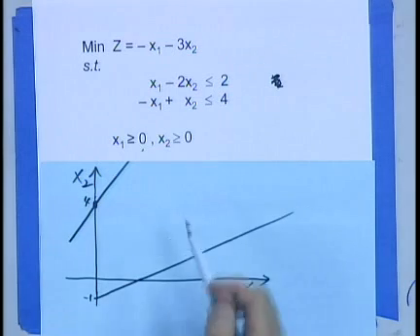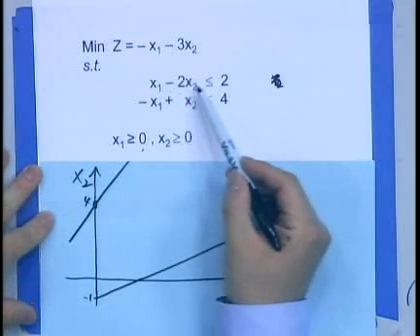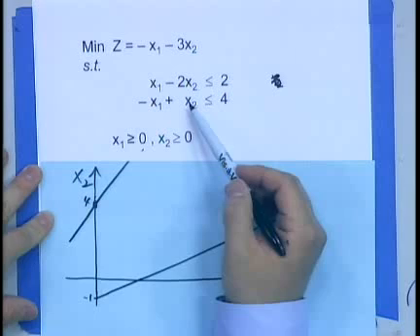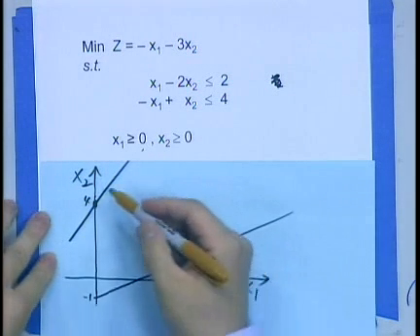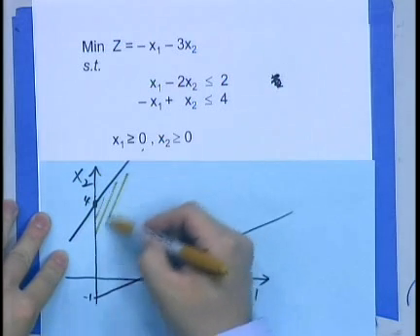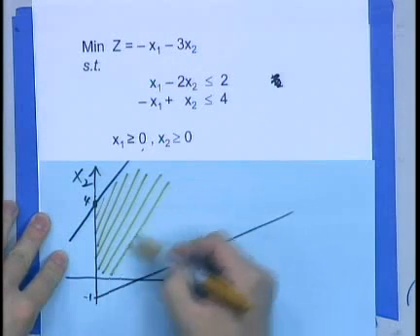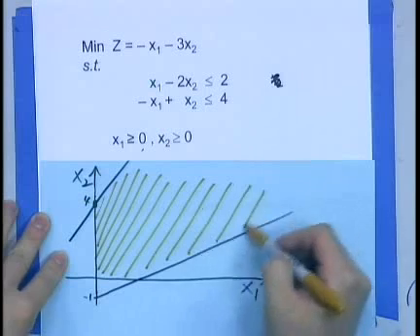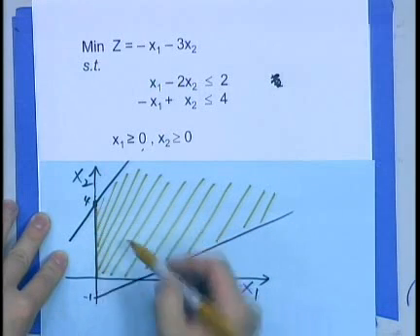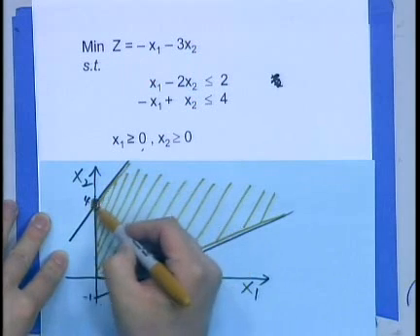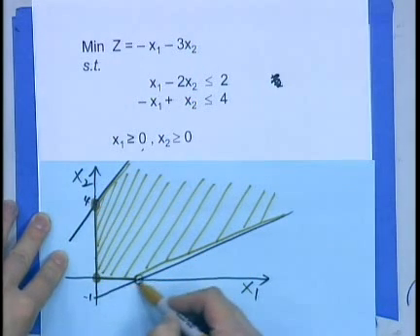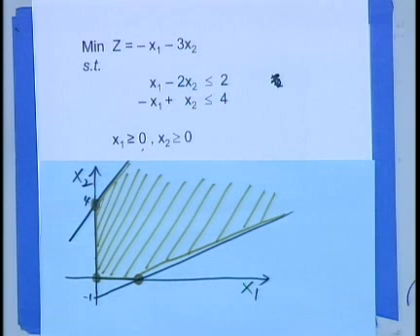And because the origin does satisfy both constraints, we may say that the origin is one of the feasible points, right? So the feasible region would be like this, which includes 1, 2, and 3 extreme points.